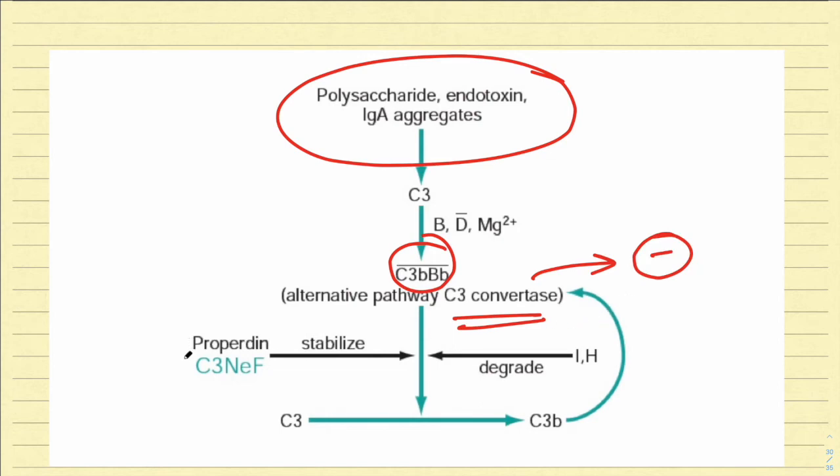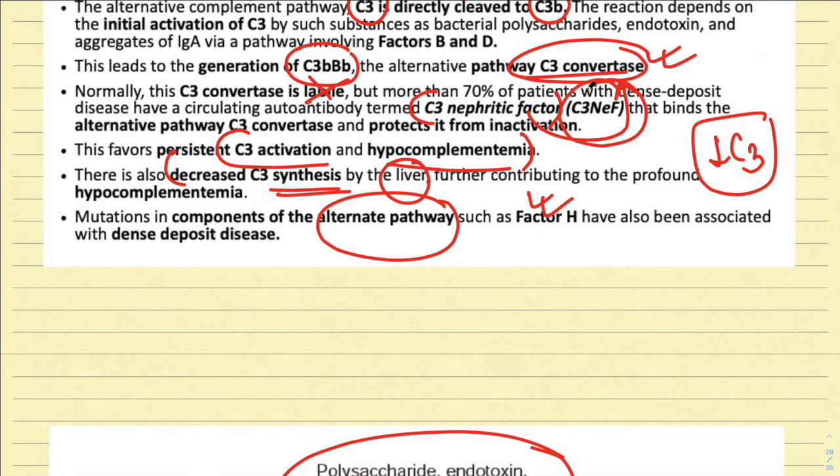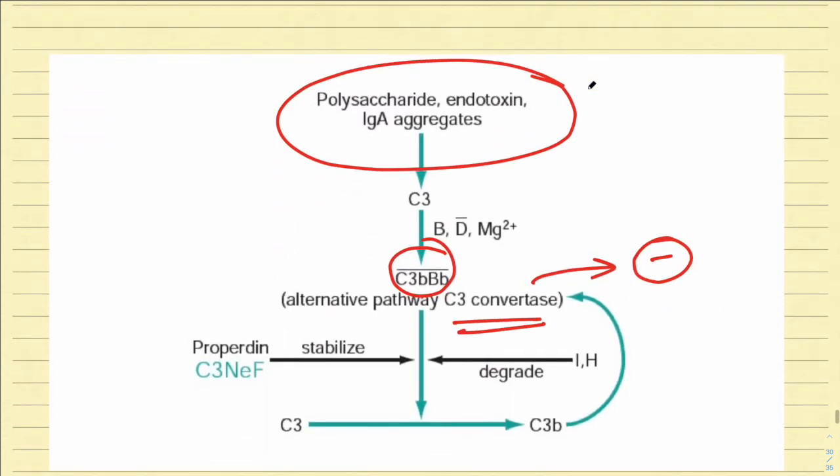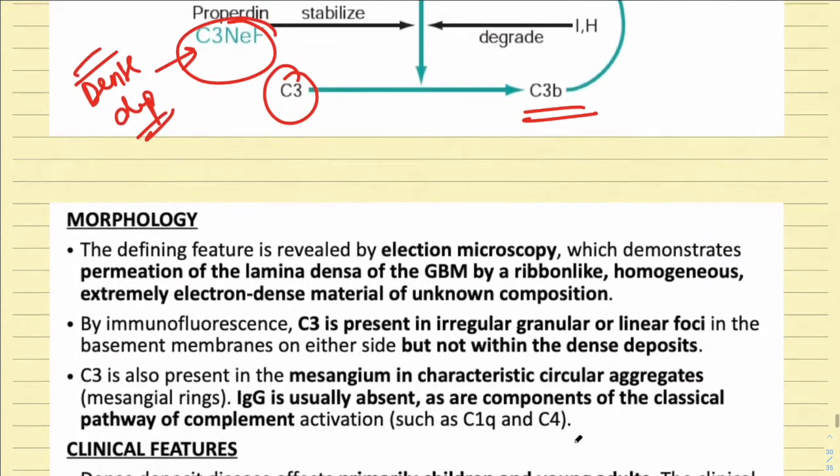But over here, because of the presence of this factor, that is C3 nephritic factor, C3NeF, this is being stabilized by this factor which is present in patients of dense deposit disease. They are stabilizing it, and as a result, this is causing activation of C3, and thus the alternate pathway is getting stimulated, and there is excessive stimulation of the alternate pathway that is seen.